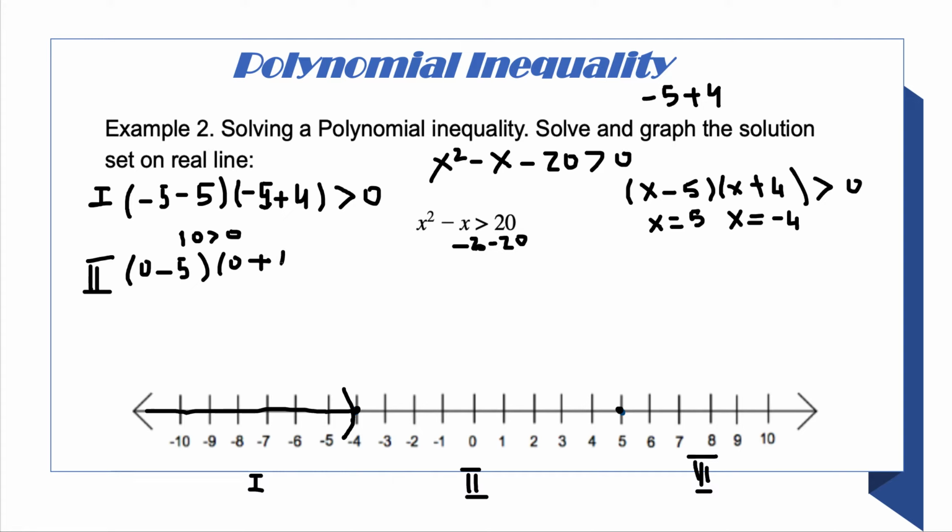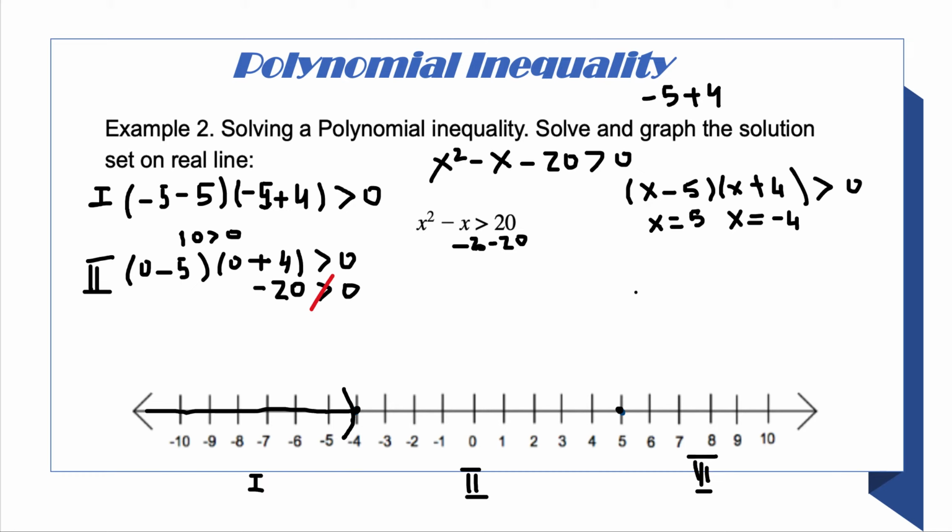So I am testing whether this is part of the solution or not. 0 minus 5 is minus 5, 0 plus 4 is positive 4. Minus 5 times 4 is minus 20. But minus 20 is not greater than 0, so this is false. From minus 4 to 5 is not part of the solution. So this is false, it's not part of the solution.